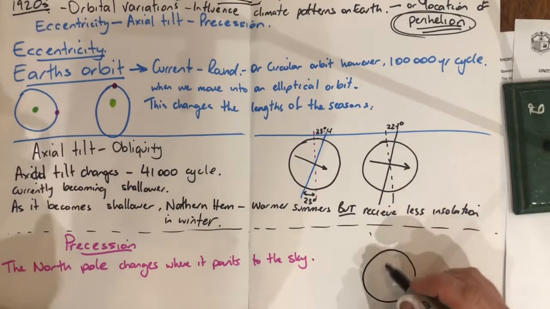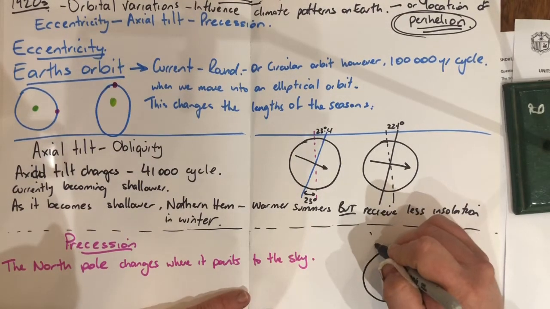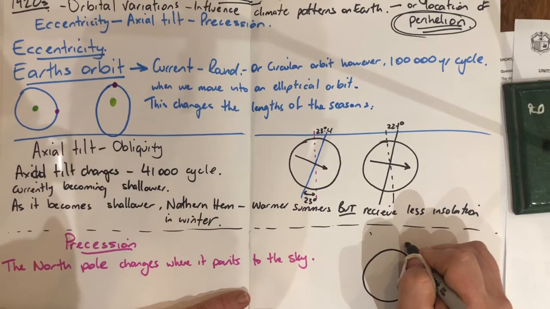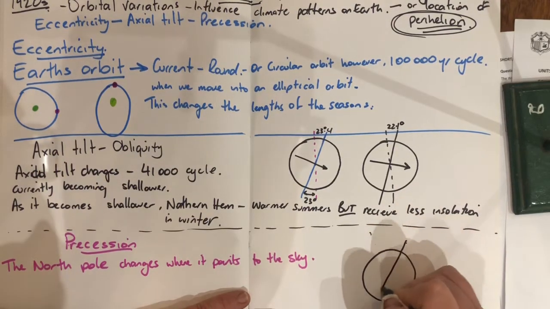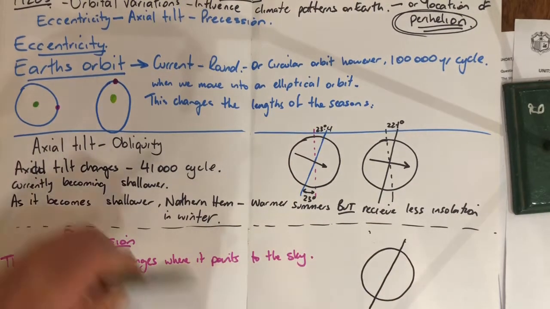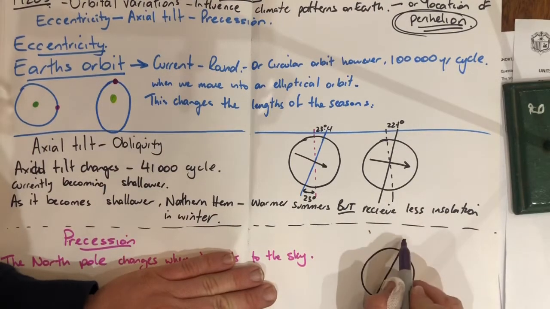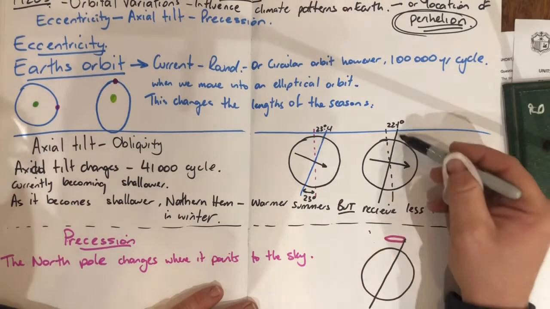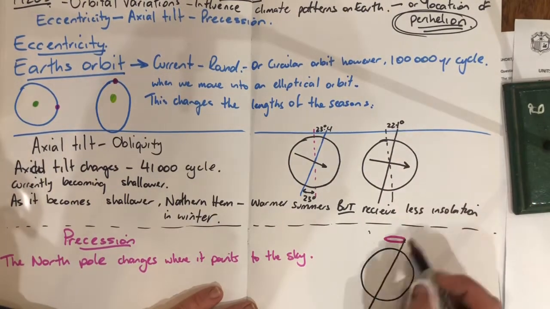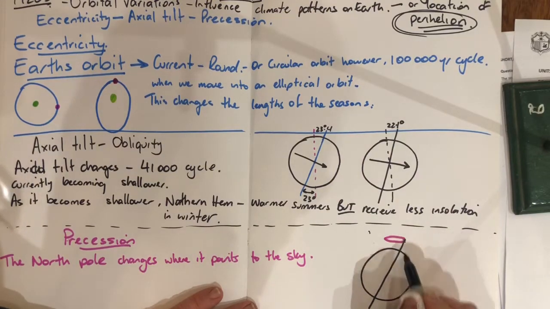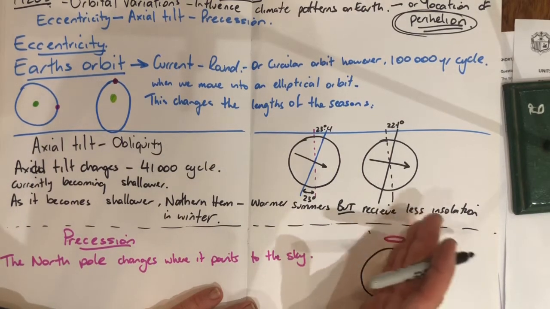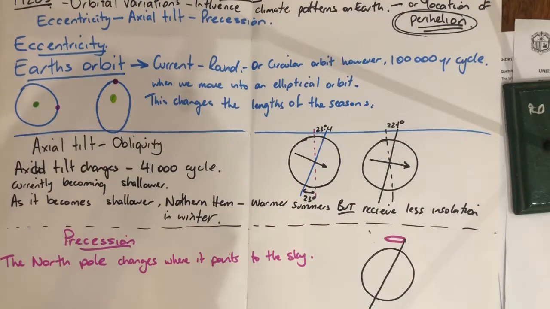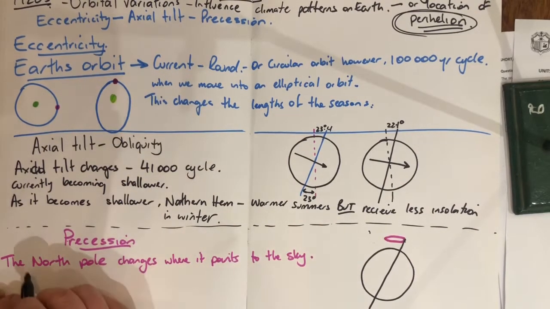So if I try and draw this as we would see it, here's our pole. And if we can try and imagine that this will rotate, rather than the whole axis tilting, just this northern part, just this top part will move. It's called a polar wobble.